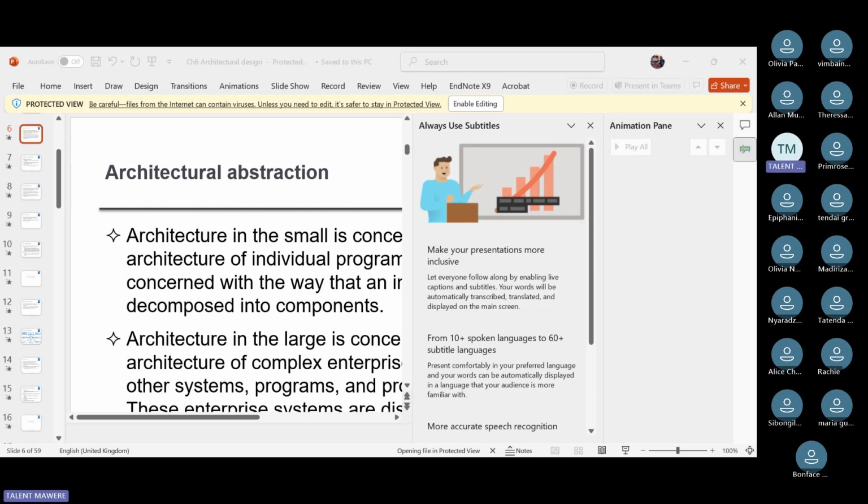These enterprises can be distributed over different computers, and they can be managed by different companies. This is system architecture in the large. So it really depends on what kind of system you are working on.